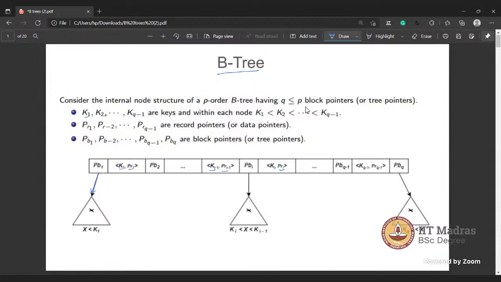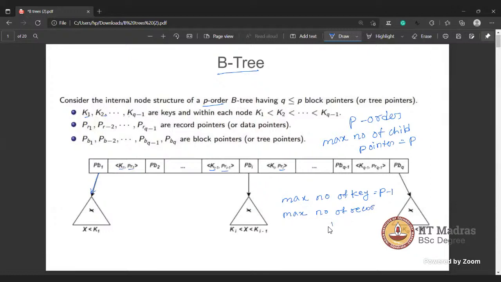Suppose in B trees, the order is P. P order means the maximum number of child pointers or block pointers is P, the maximum number of keys is P minus 1, and the maximum number of record pointers is also P minus 1.